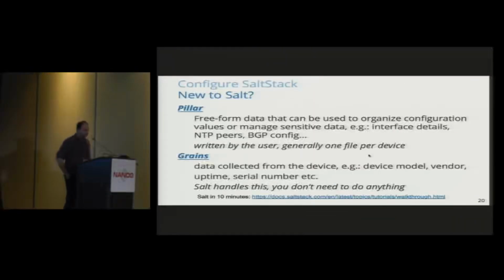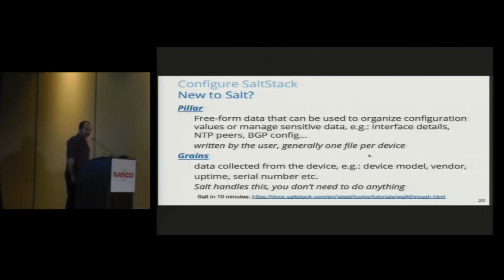Now, for whoever is new to Salt, you need to learn about two entities. Pillar is free-form data that can be used to organize configuration values or manage sensitive data, like interface details, NTP, BGP config, and so on. Most of the time, these entities are written by the user.